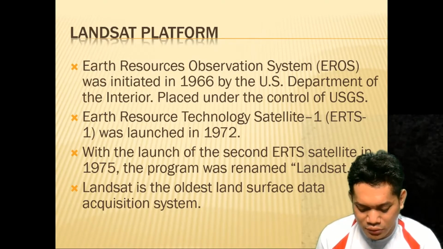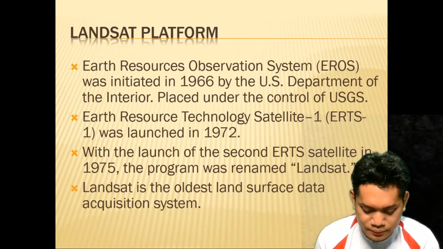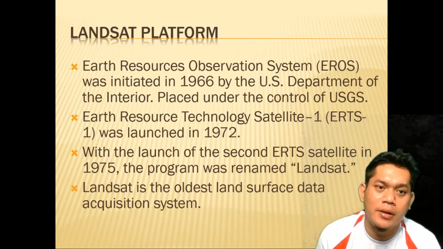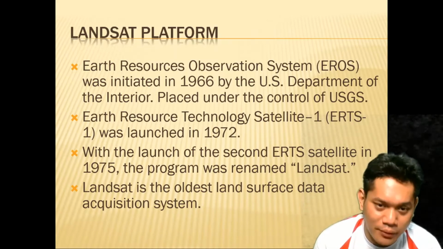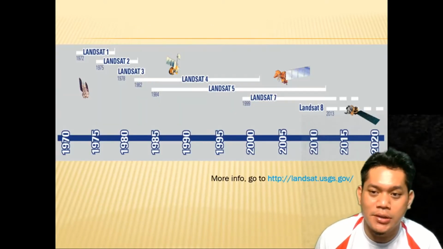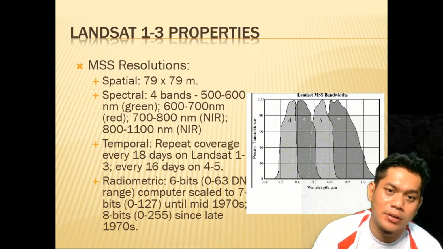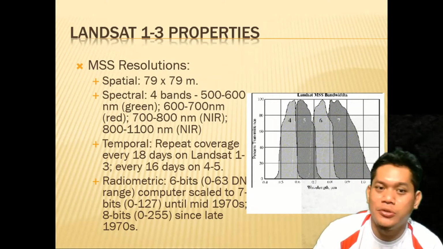So first we will look into the available satellites which you can use for the analysis. The first one will be the Landsat platform. It is the oldest land surface data system, and now we have Landsat 8. These are the Landsat properties from 1 to 3.